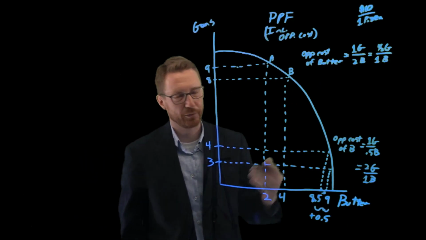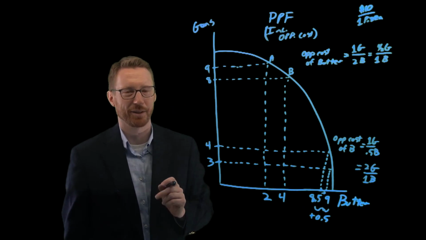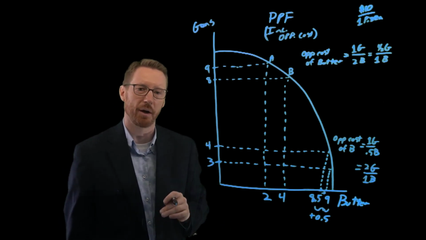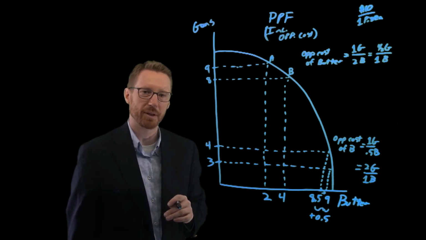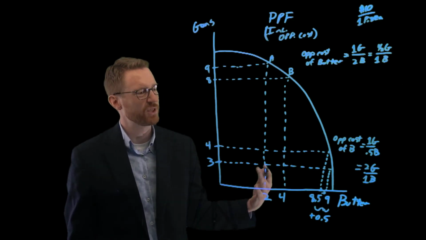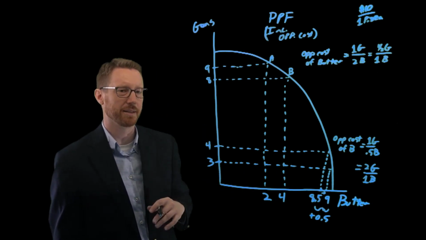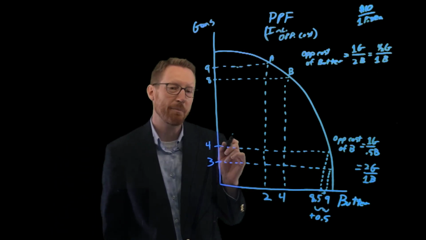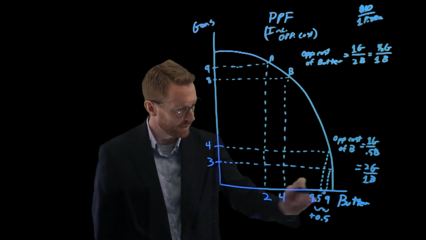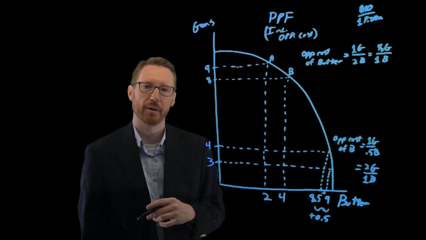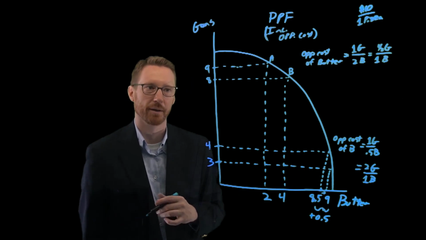All right, so we've worked through the math. I understand that's not necessarily the fun part. You're thinking, wait, he said we're going to see opportunity cost in the production possibility frontier. Where do we see it here? I see a bunch of math, but I don't necessarily see it in this graph. So the opportunity cost of the good that's on the horizontal axis is just the slope of the production possibility frontier, right?